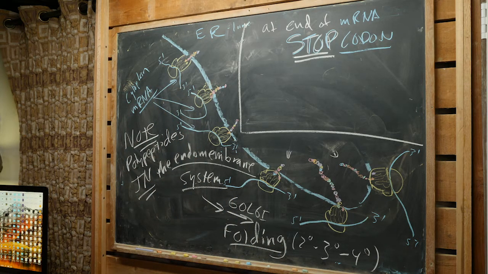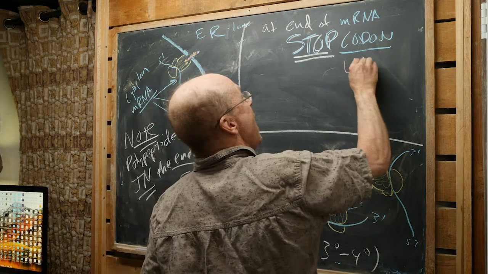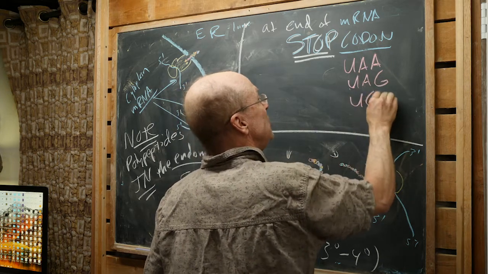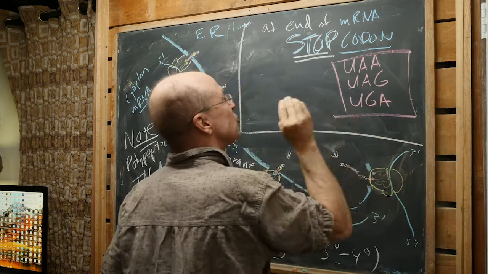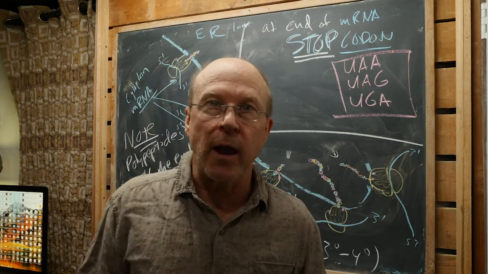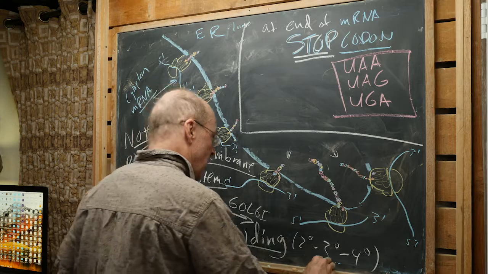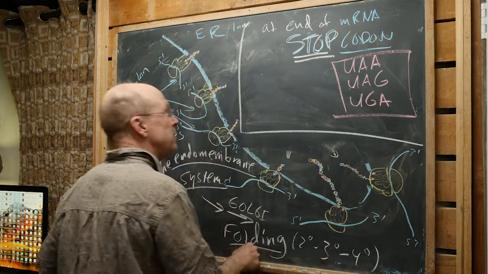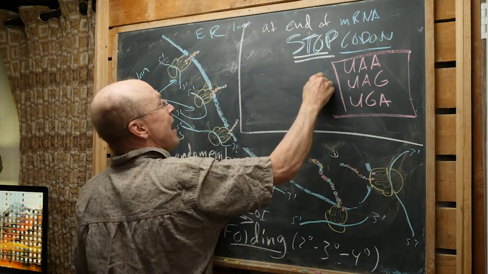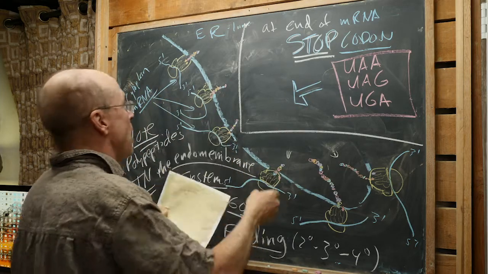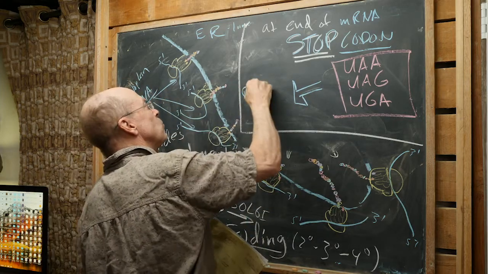We have several of them: UAA, UAG, and UGA are universal stop codons. They don't carry an amino acid. They say, stop, we're done. And when that stop signal is reached, what you get in the process is ribosome complex dissociation.